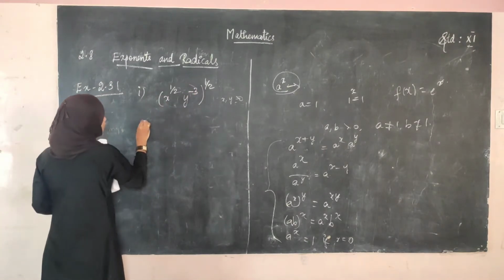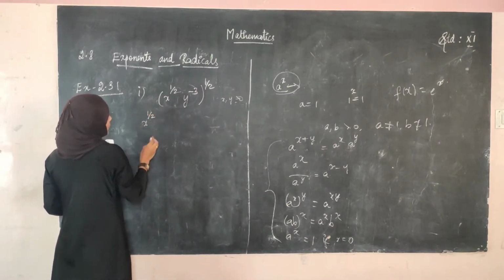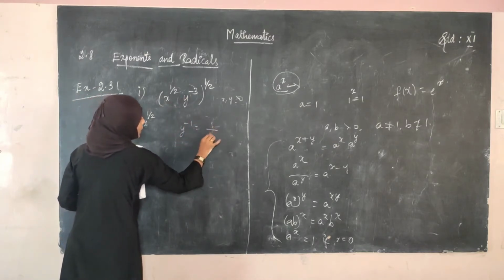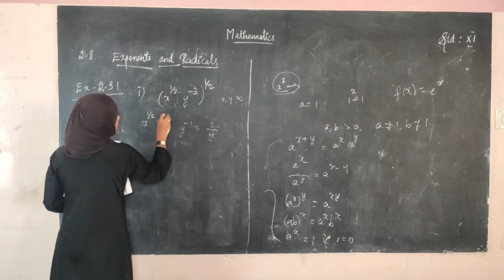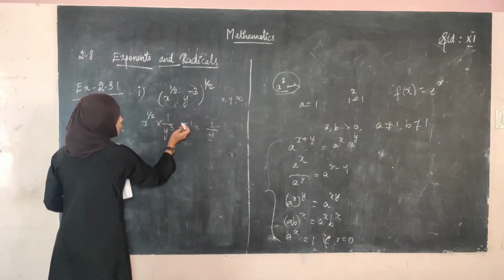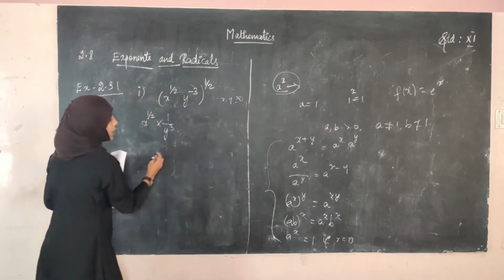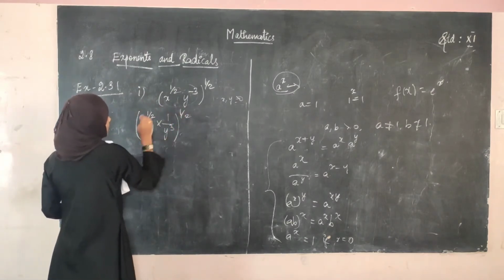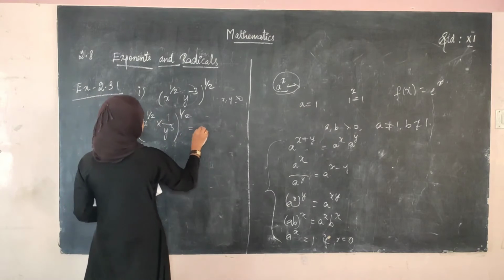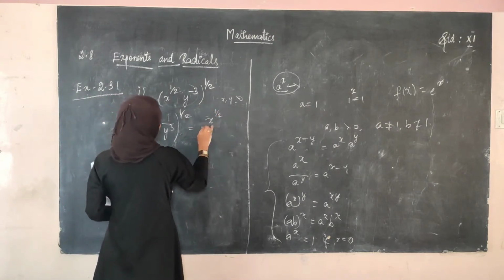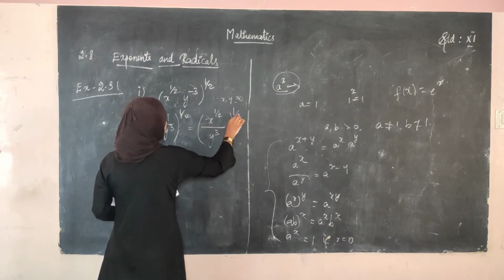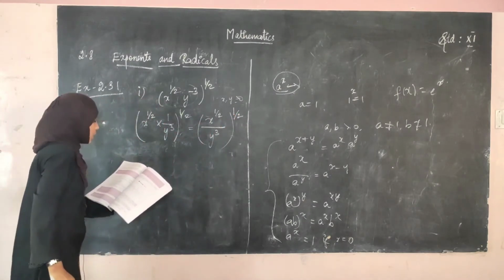We know that y power minus 1 is equal to 1 divided by y, so this can be written as 1 divided by y cube, since minus of minus 3 becomes y cube. The whole power 1 divided by 3. This can be written as x power 1 by 2 divided by y cube, the whole power 1 divided by 2.